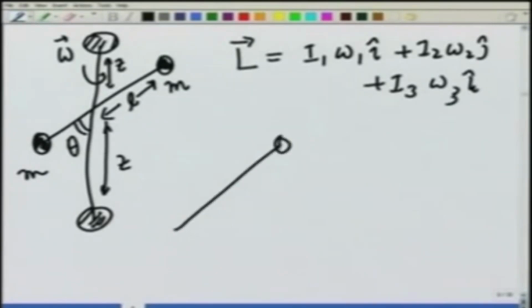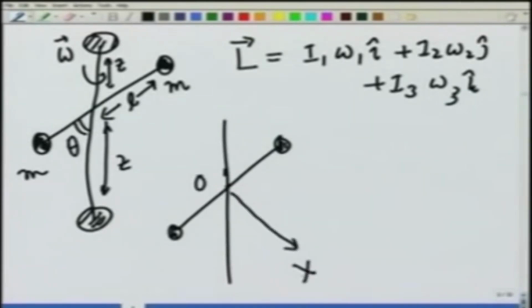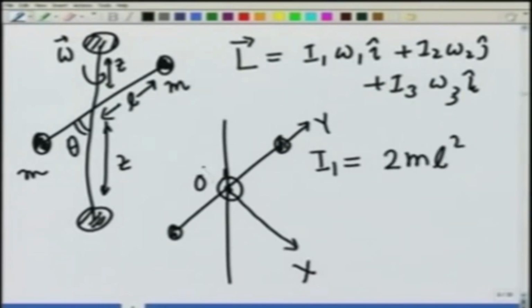Now, this is a rigid body. Let me choose this as the origin O, the x axis like this, y axis like this, and z axis coming out. You can see these are the principal axes, and we calculated last time I1 to be equal to 2ml square, that is the moment of inertia about the x axis.